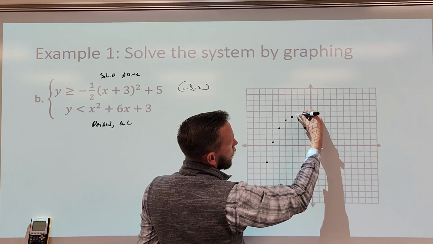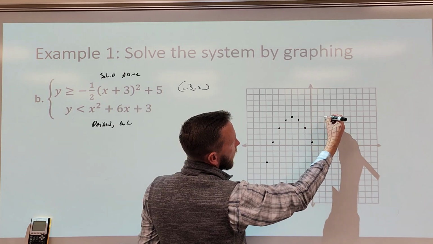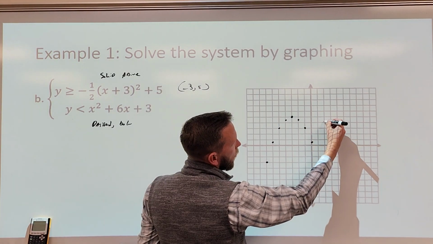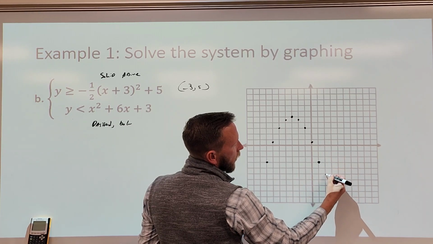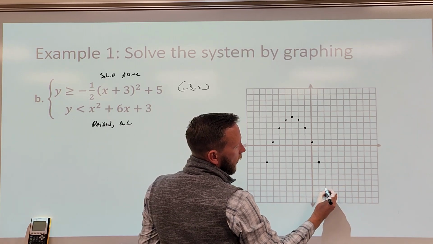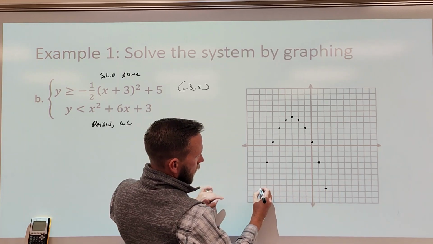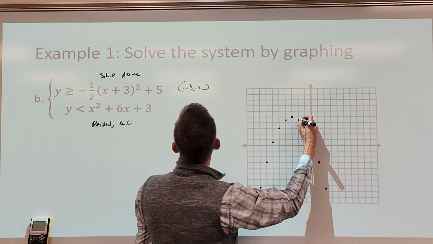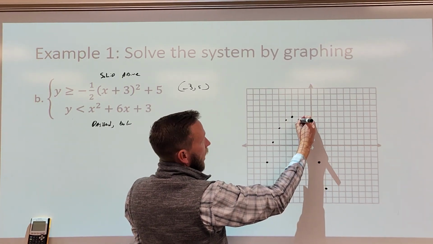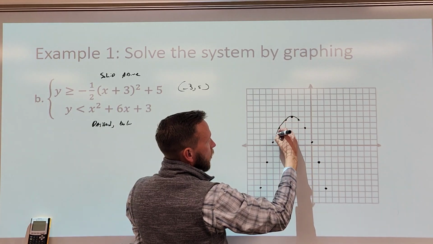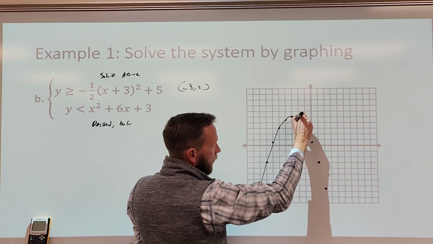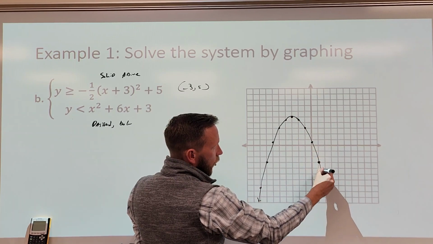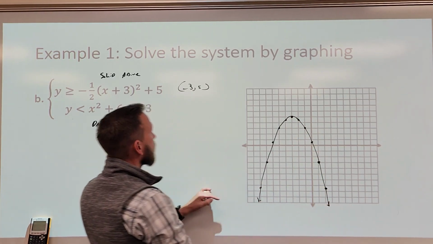Over 5 down 12 1/2. All right, so this is our parabola that is going to be a solid boundary, and we're going to shade above this parabola. I'm not shading it yet because I only want to shade the spots where they overlap.